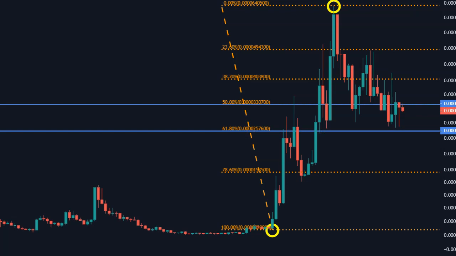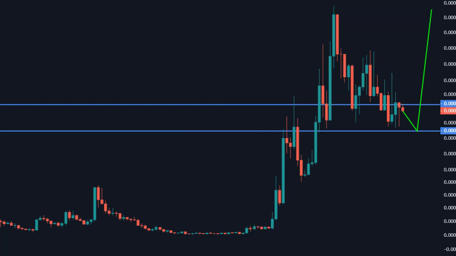Again, normal price behavior for me would be a touch of the 61.8 if the price wants to go up again. But also maybe we would spend some time now in these shackles of the 50% and 61.8. At this time it's unclear what the price wants to do.